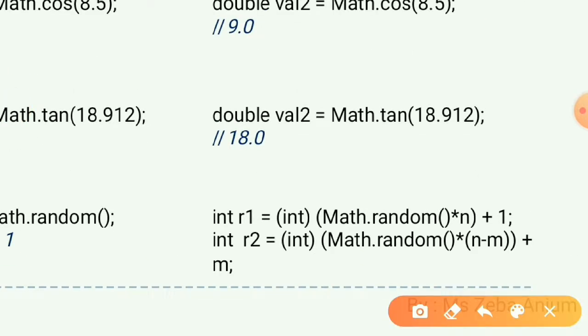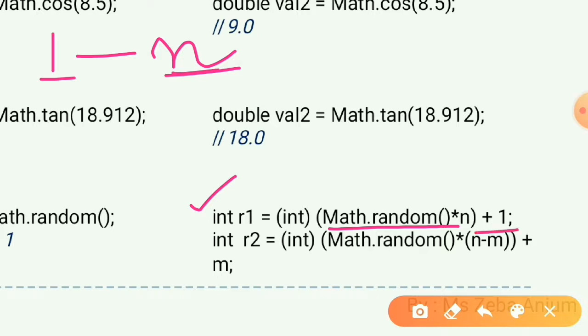Yes, now see the first one, we are going to get the random number between 1 to n. You are having any number n and you are going to find out any random number between 1 to n. Now what you have to do, you just have to multiply this Math.random with n, and afterwards you have to add it by 1. Then what you are going to get, you are going to get a double random number between 1 to n.